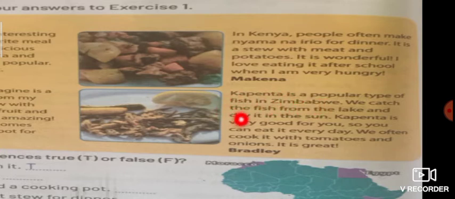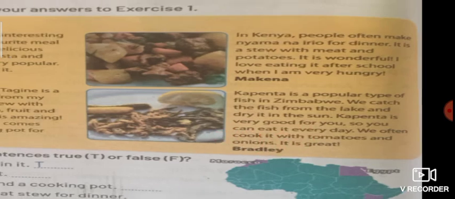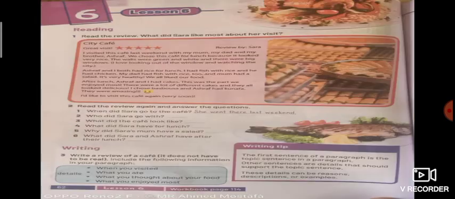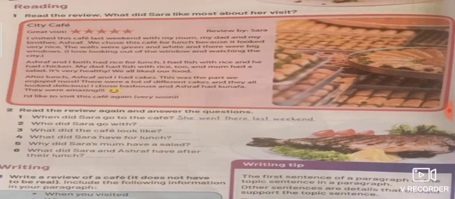We catch the fish from the lake and dry it in the sun. Kapenta is very good for you, so you can eat it every day. We often cook it with tomatoes and onions. It's great. Now, let's start the last text.